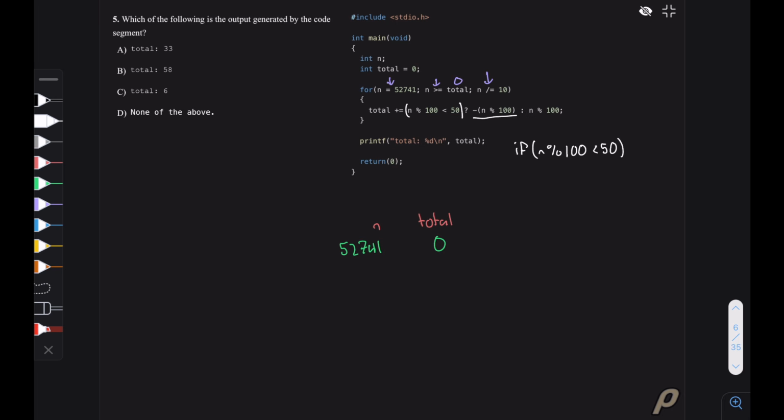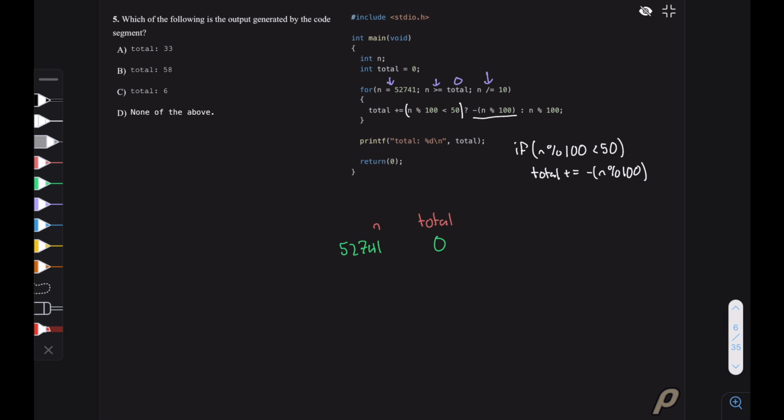So we're doing total plus equals negative n mod 100. So basically, this is the true branch because it's between the question mark and the colon, and then this expression will evaluate and it'll be equal to this value, and we'll be adding that to total.